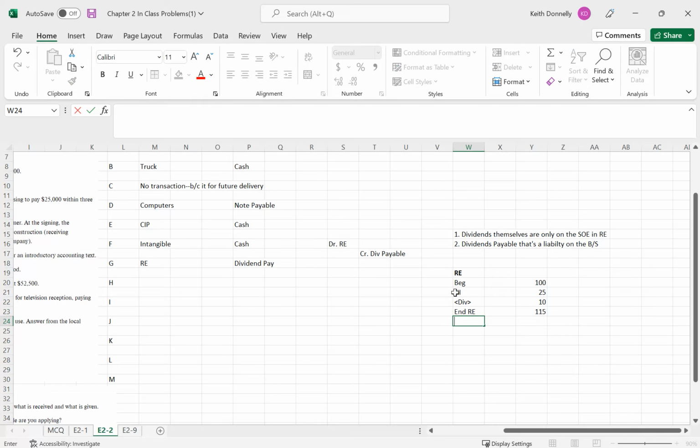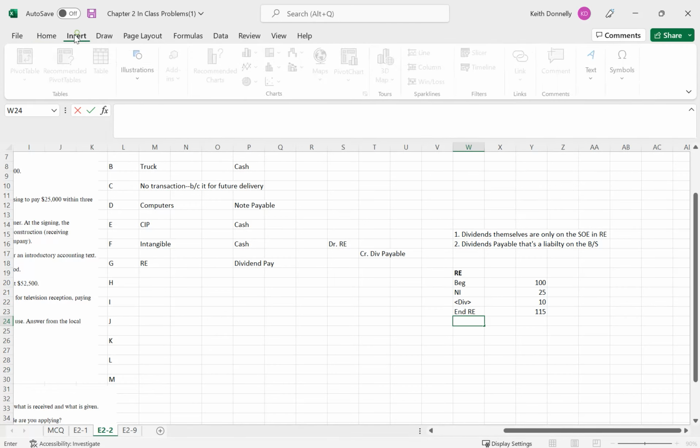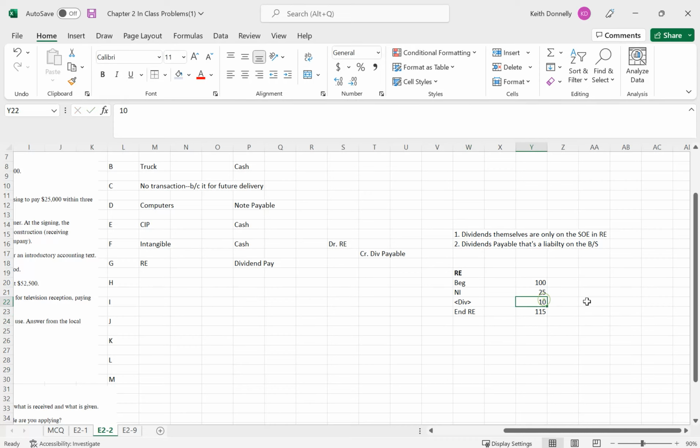If you were to increase this dividend, to 15, so beginning plus net income minus a bigger dividend, it makes retained earnings go down. So increasing dividends means decreasing retained earnings.